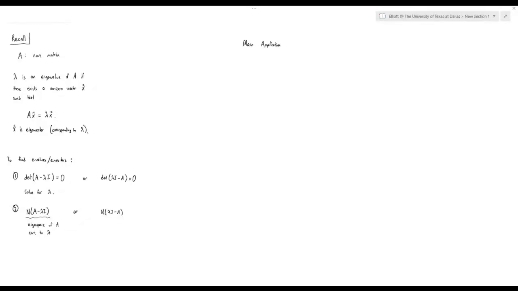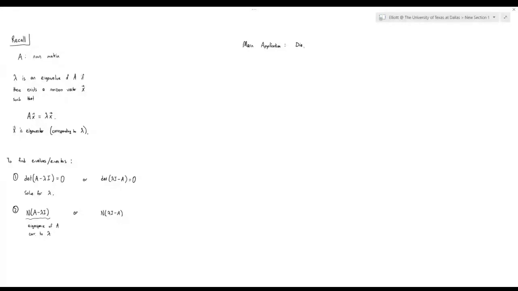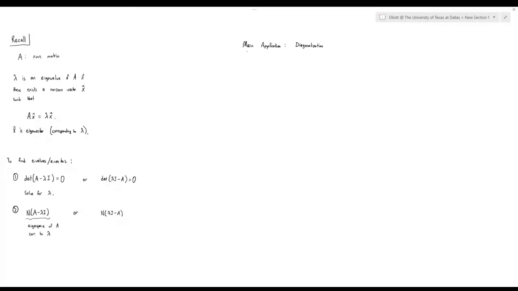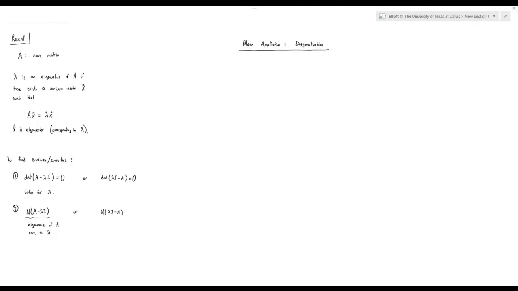The main application is that we can use eigenvalues and eigenvectors to diagonalize square matrices, assuming that they have enough eigenvectors. And we'll talk about what this diagonalization is, the idea of it, and how it works.